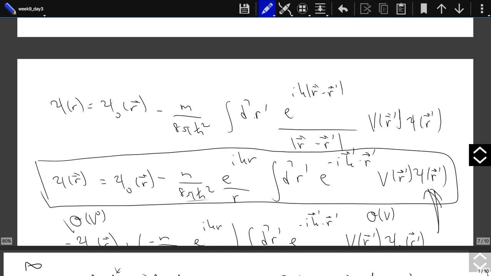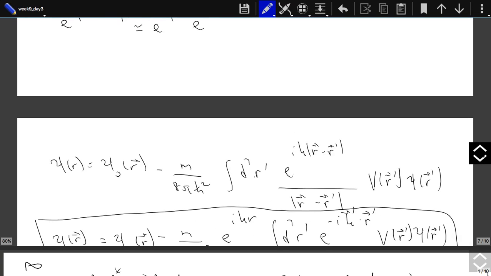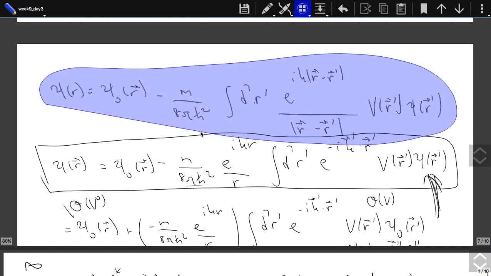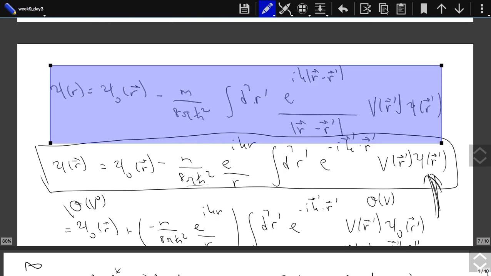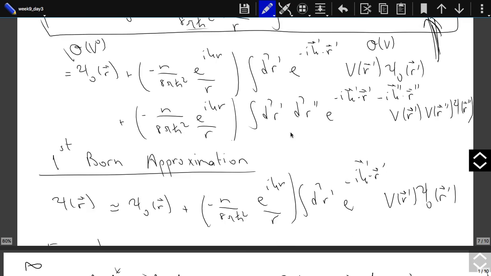You see, we cannot really use this expression as our Born approximation, it was a mistake. This is valid only if I am very far from the potential region, but the psi I need over here is close to the potential region. So what we need to do is take this expression. So this is not correct.